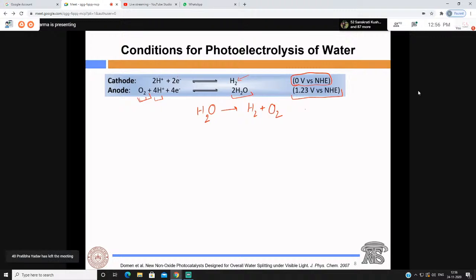Okay. So from here, when you calculate the energy requirement, it will come 1.23 minus 0, and that is 1.23 volt. So this is the thermodynamic, meaning theoretically, required energy for splitting of water molecules into hydrogen and oxygen. Okay.